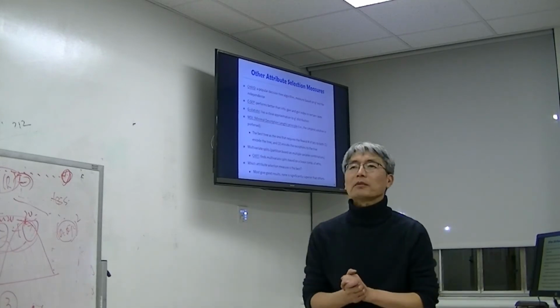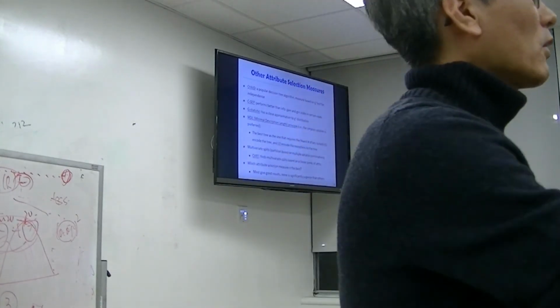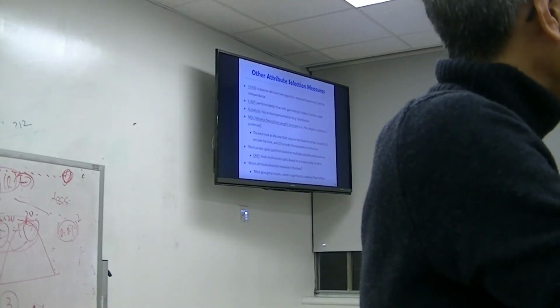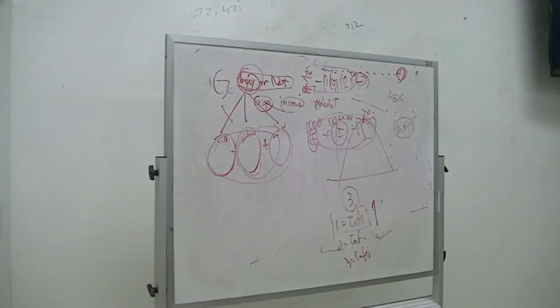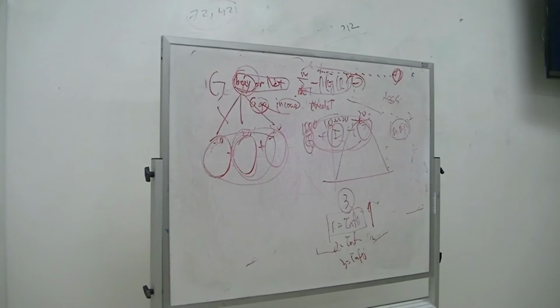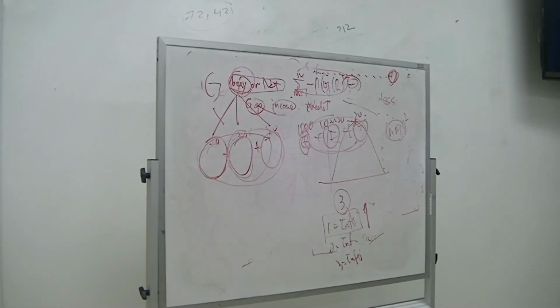There are several problems with such a decision tree. The first one: we start from the first feature, right? If that is wrong, eventually it's gone. So it's hard to go back.